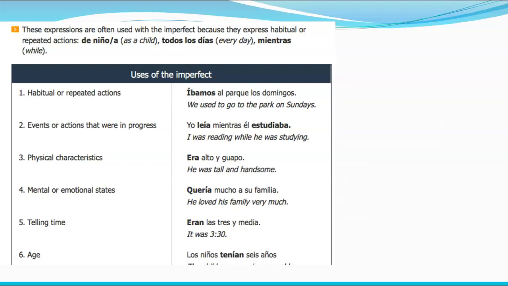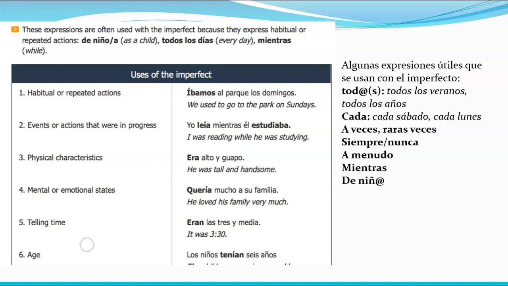We also use other expressions, and some of those expressions, algunas de estas expresiones útiles son todos o todas, like todos los veranos, todos los años, cada sábado, cada lunes, cada mes, a veces, raras veces, algunas veces, siempre, nunca, a menudo, mientras, or de niño, de niña.